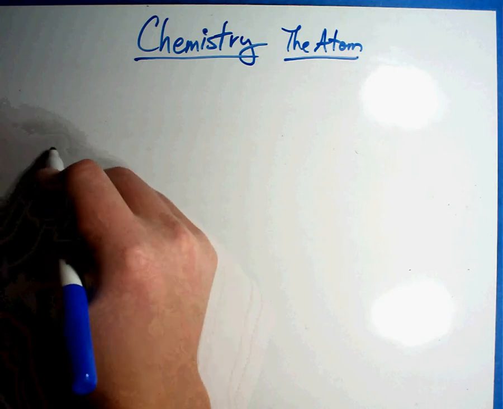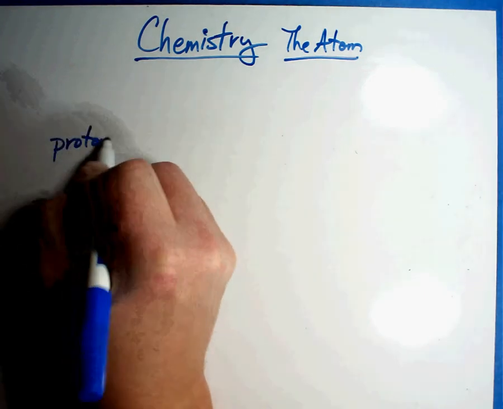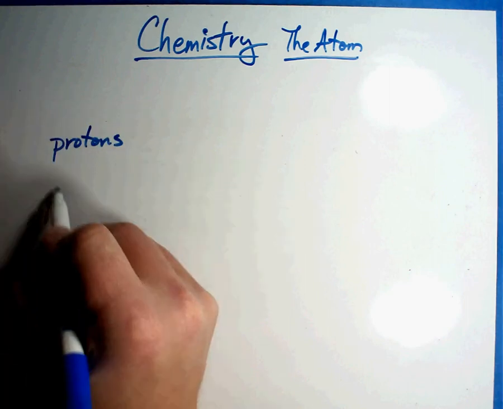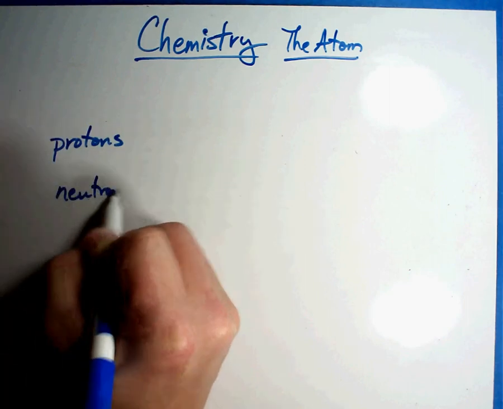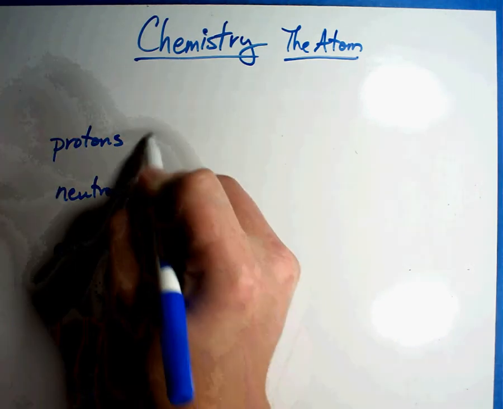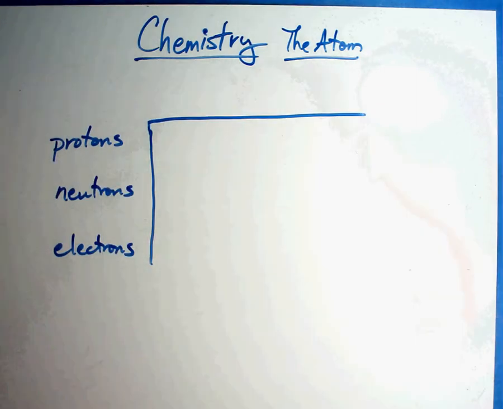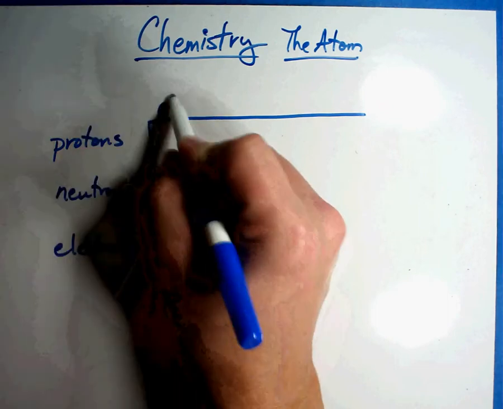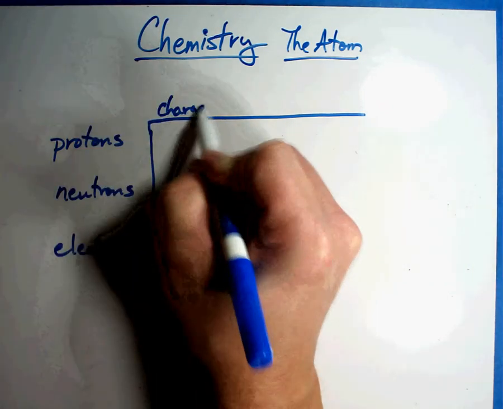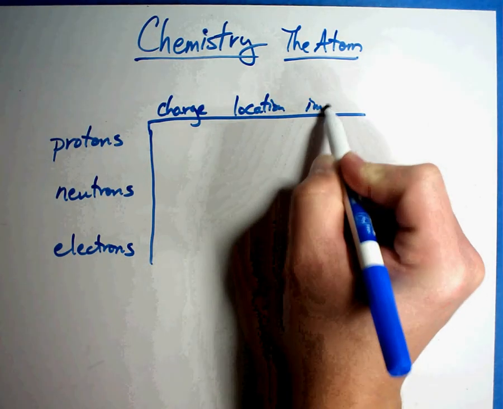You know probably from middle school that all atoms have protons, neutrons, and electrons. So what we're going to do is we'll make a little table here out of this. And I would suggest that along the way you write down all the information so that you don't miss anything. I'm going to talk about charge, location, and importance.